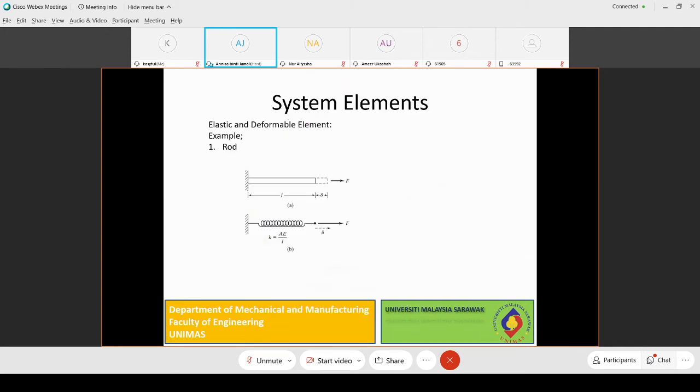For example, the first one, we have a rod here. This rod can be simplified into a simple spring as shown in the slide.